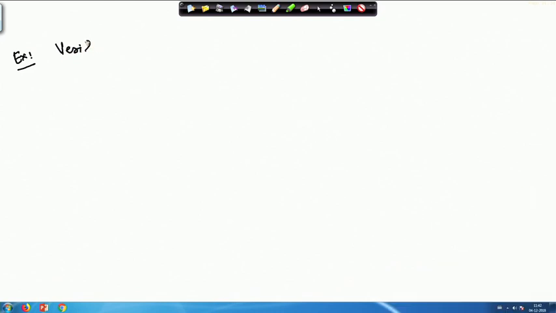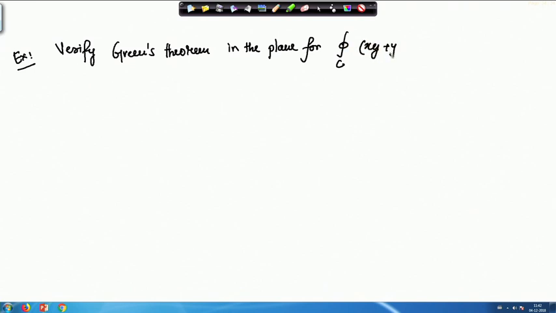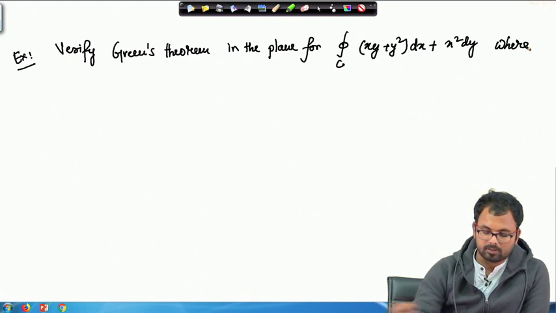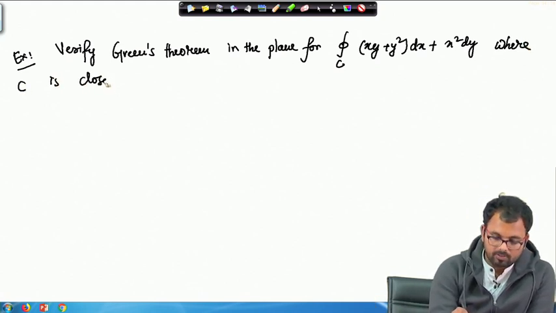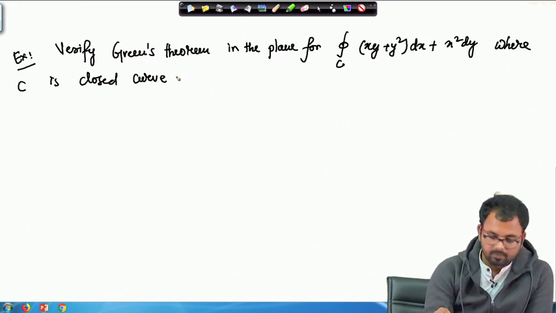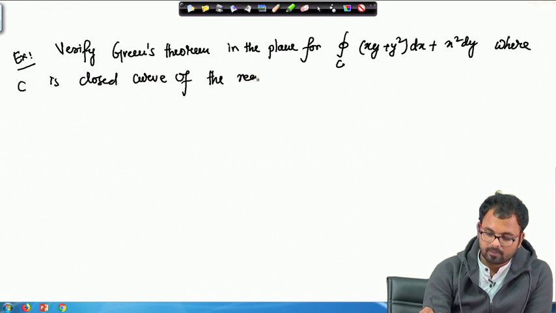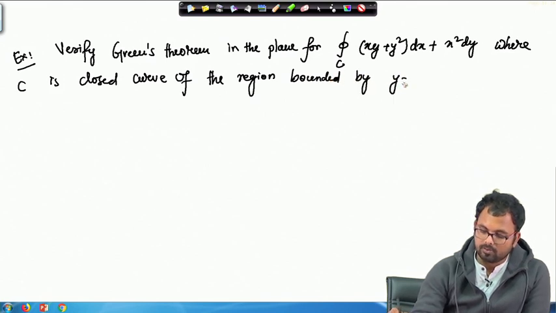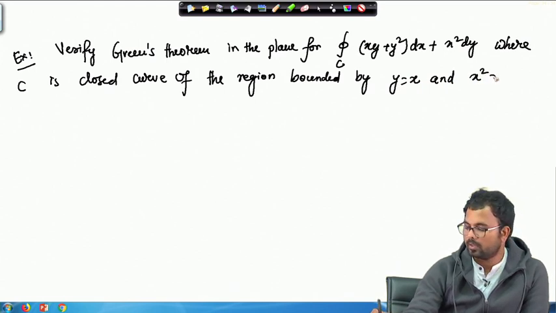Verify Green's theorem in the plane for the integral over the curve C of (xy + y²) dx + x² dy, where C is the closed curve of the region bounded by y = x and x² = y.